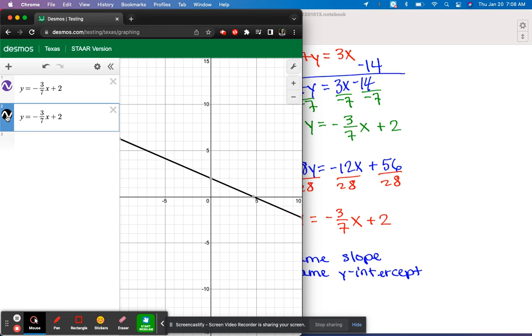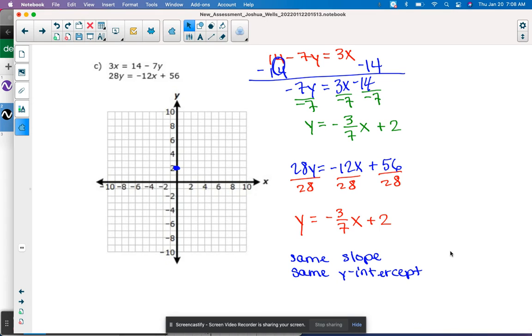So let's go ahead and graph it. My y-intercept is at positive 2. X-intercept is about at 5-ish. About right there. So I'm just going to connect the two dots. And that looks terrible.